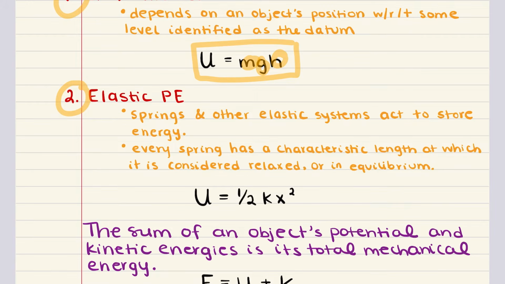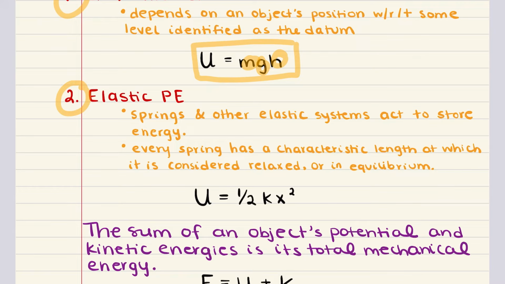This is energy that's stored in objects that can be stretched or compressed, such as springs or rubber bands. When a spring is either stretched or compressed from its equilibrium position, that's its relaxed state, it stores energy.